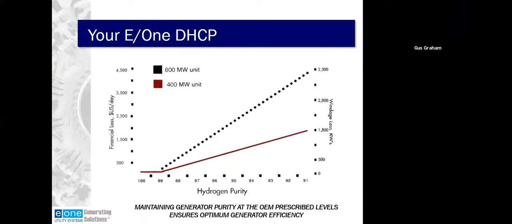But what's important to note here is the impact that low purity has on the losses in the form of kilowatts of energy that are converted to heat, and through the losses associated with rotating that rotor through a denser gas, and that plays a role in cost. You're losing that fuel, instead of turned into electricity, is now lost in frictional losses within the generator. So maintaining the generator purity at the OEM prescribed levels ensures the optimum generator efficiency and maximum dollar output for your unit to the fleet.